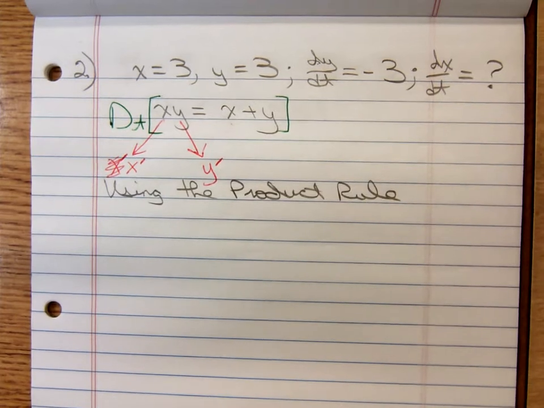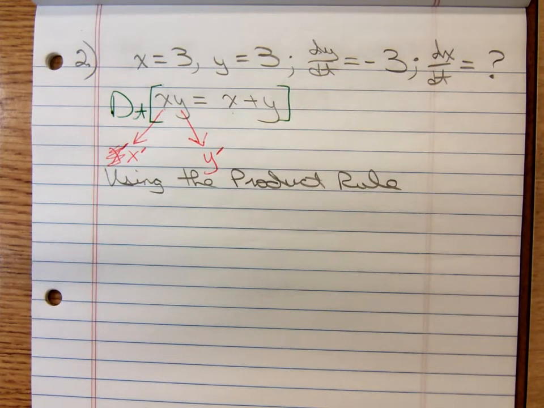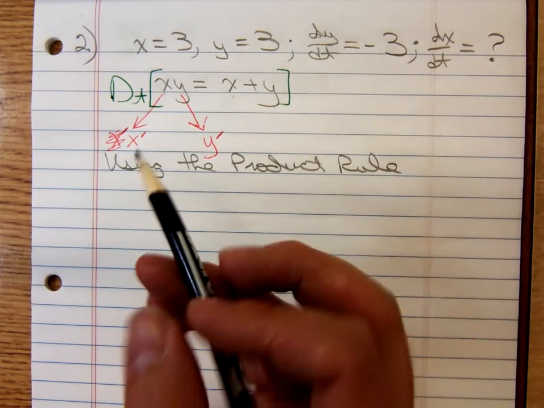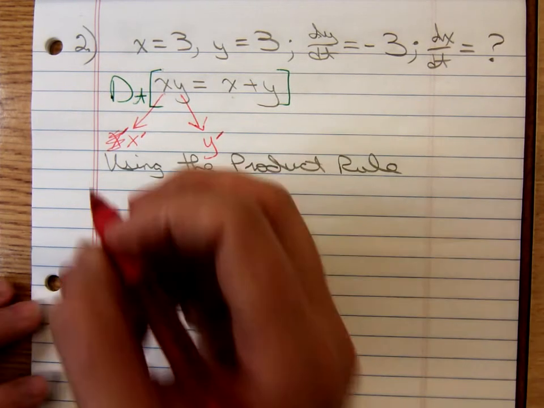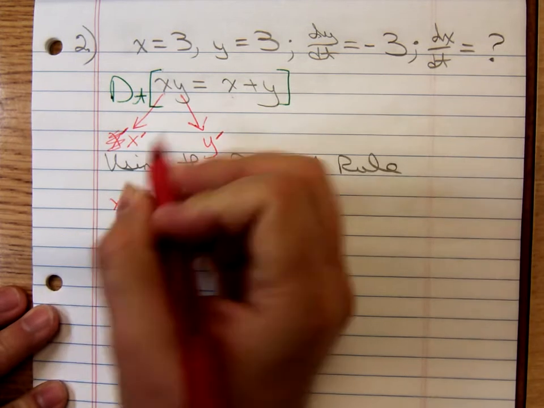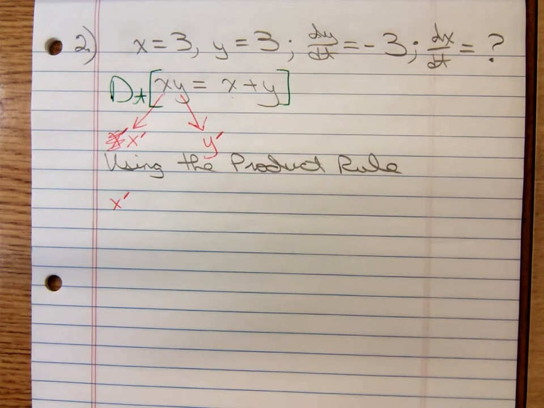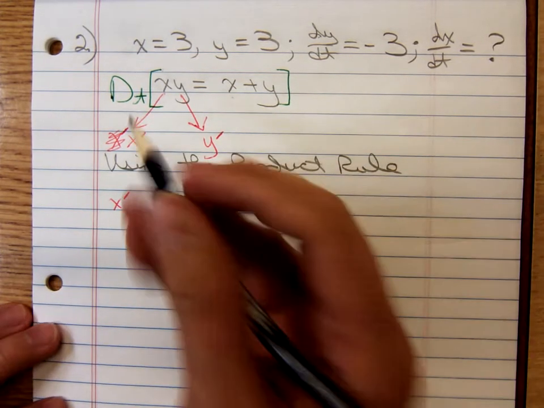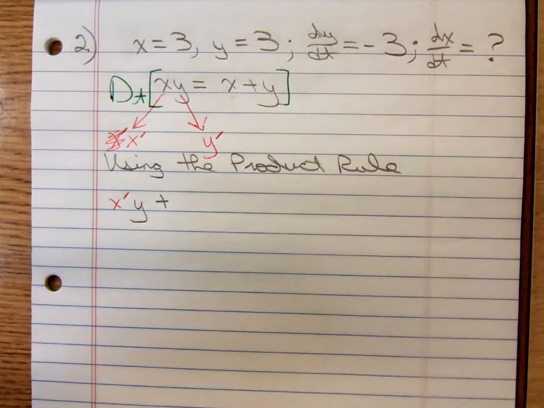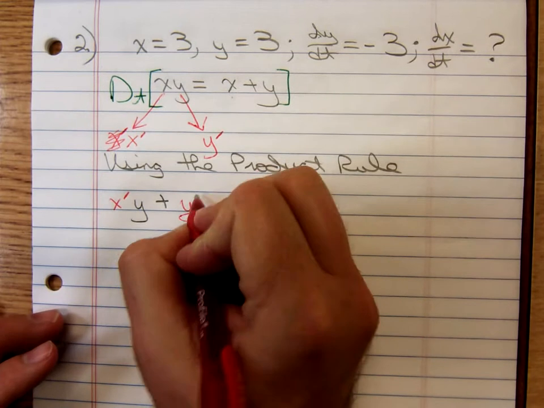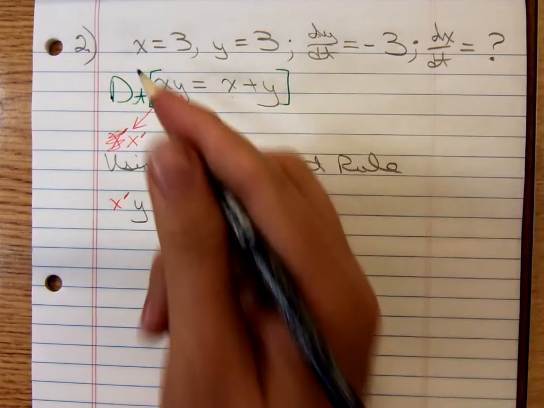we're going to get the derivative of the first, so that x prime, times the second, the original second, that's a y, plus the derivative of the second, y prime, times the first, which is just an x.